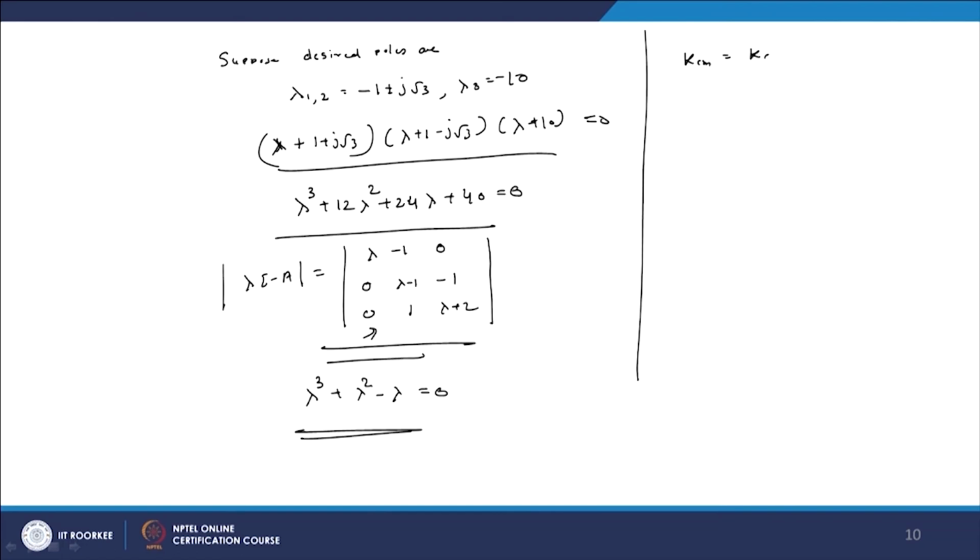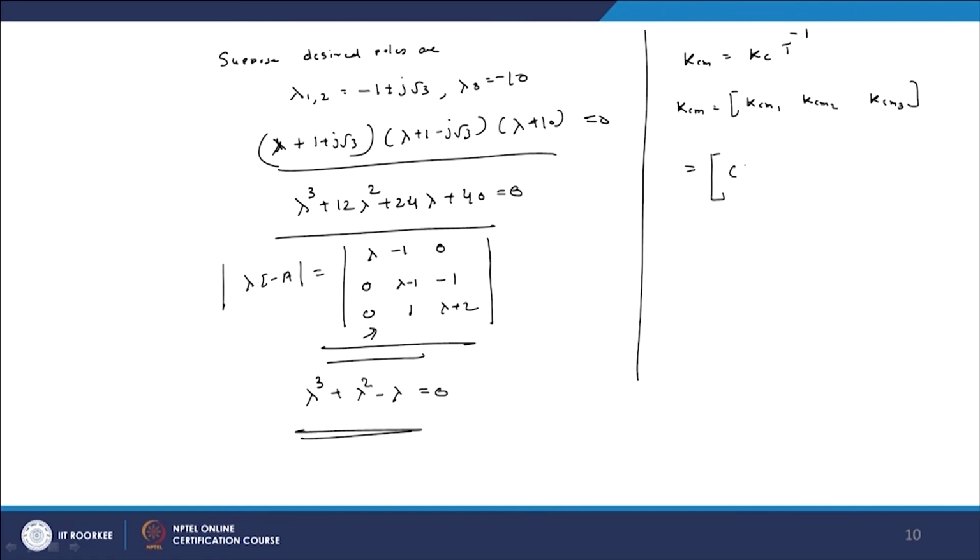So, if you compare both these equations, we can write KCM equal to KC into T inverse, and KCM equal to KCM1, KCM2, KCM3. Now, you see here the value is 40, but there are no such terms in the original, that means the value is 0.